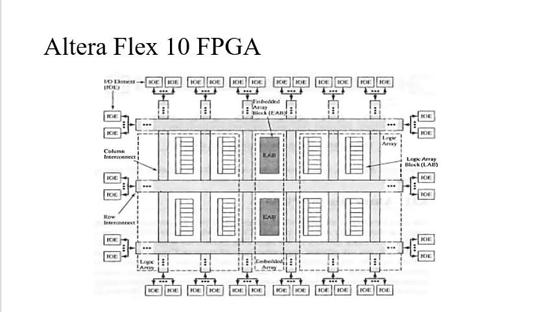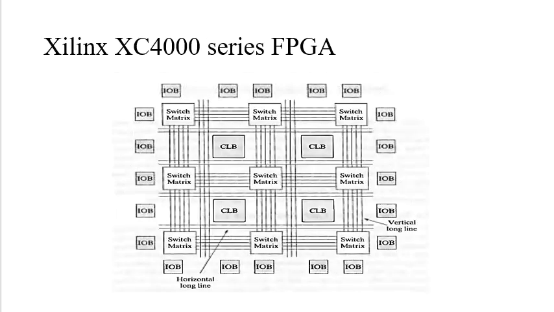Coming to the next one, the Xilinx 4000 series FPGA. In the Xilinx XC4000 series FPGAs, depending upon the number of gates, you have different series. The XC4000 consists of 4000 gates. It consists of the switch matrix, CLB, and IOB.